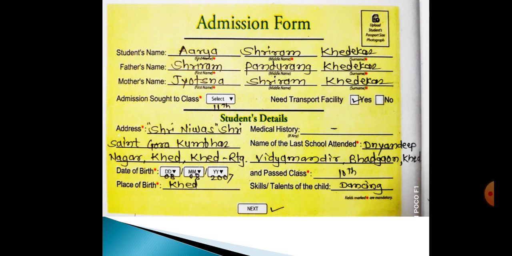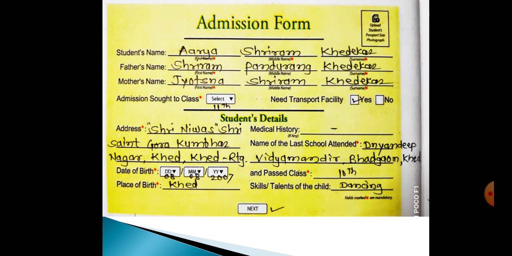Next, month, and then year. And passed class, the previous class that you passed in that year, mention that class. Place of birth, the student's place of birth, mention here. Skills, talents of the child, if there are any skills of the child, you mention here.